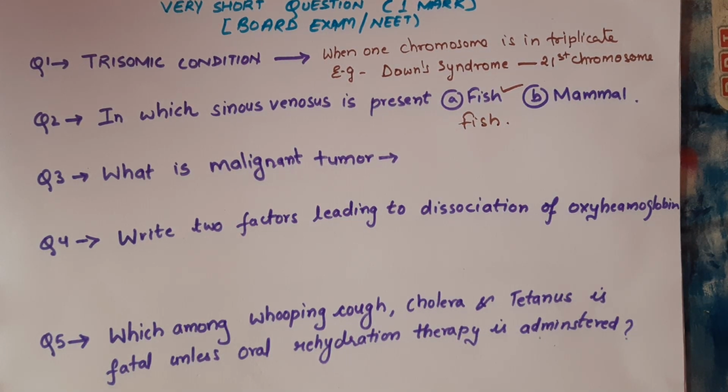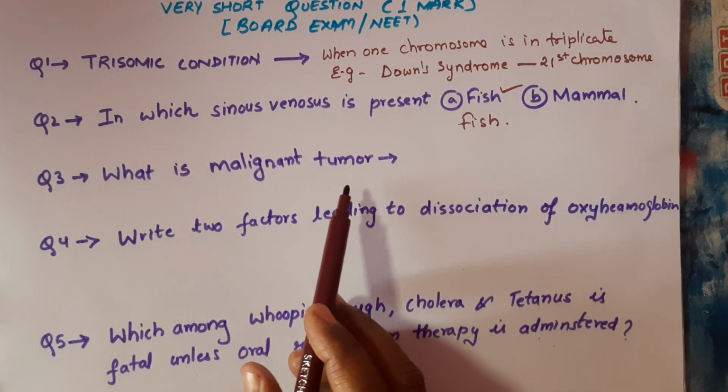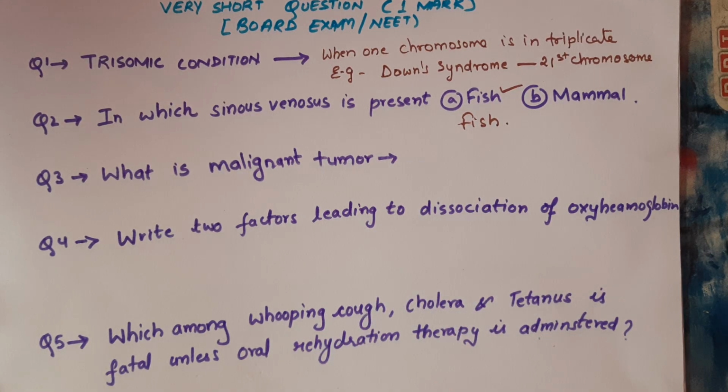The third question is, what is malignant tumor? When cancer cells have the ability to grow and multiply, and when the cancerous cells reach the adjacent tissue and subsequently enter the blood and the lymph, the tumor is referred to as malignant.